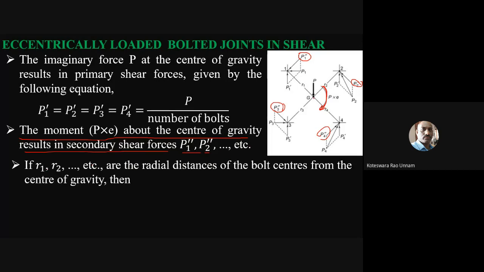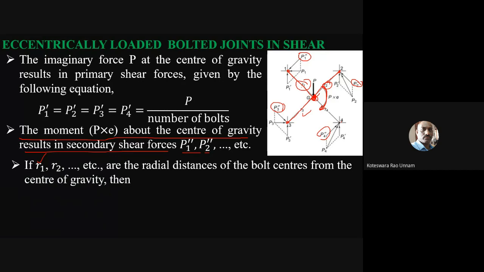Then if R1, R2, so here you can see the distance of each bolt from the center of gravity. This is the center of gravity of the bolt system. So now if I join center of gravity to the center of the first bolt, then whatever distance between the center of the first bolt to the center of gravity, I'll denote that one as R1. Then center of gravity to center of the second bolt, we'll denote that one as R2. Center of the third bolt to center of gravity, the distance we'll take it as R3.